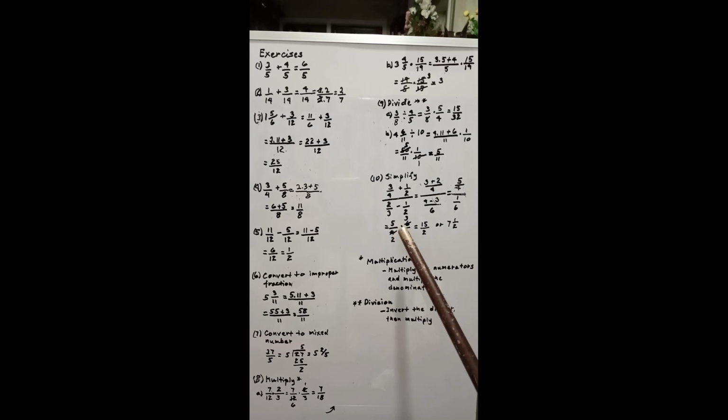So 4 divided by 2 is 2, and 6 divided by 2 is 3. Now we can multiply the fractions. So 5 times 3 equals 15. 2 times 1 is 2. So your answer is 15 over 2, or 7 and 1/2.